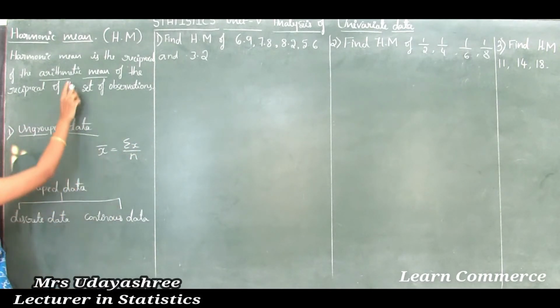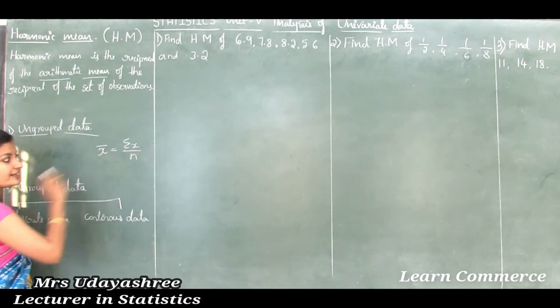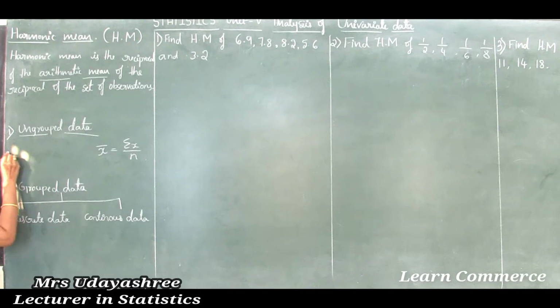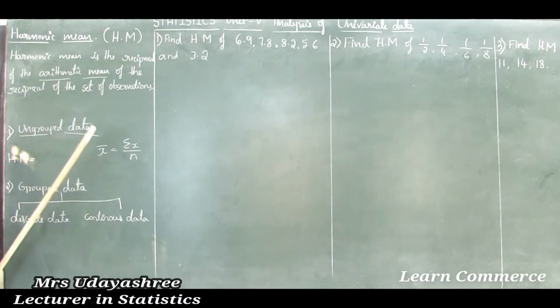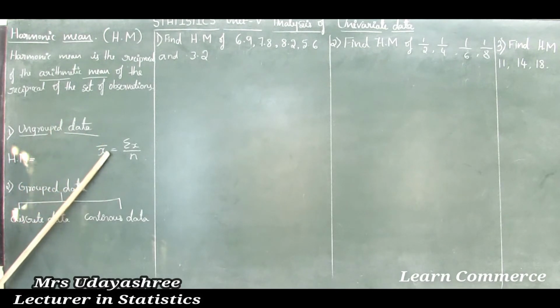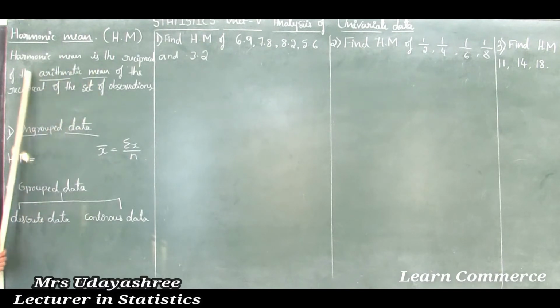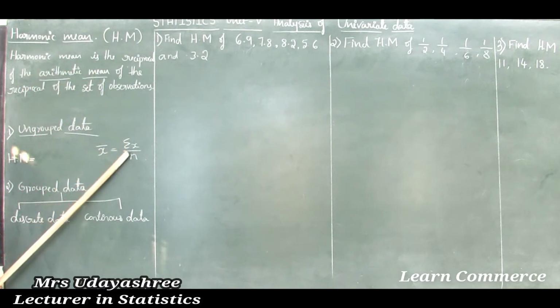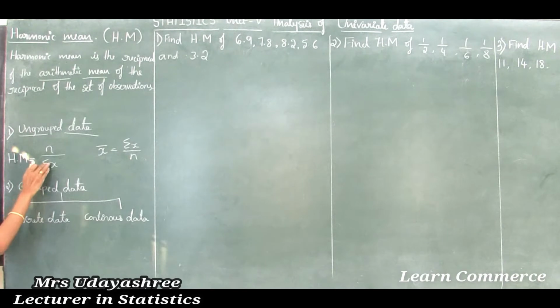And we know that harmonic mean is denoted by HM. So, HM is equal to, what is the definition? Harmonic mean is the reciprocal of the arithmetic mean. In case of ungrouped data, the arithmetic mean formula is x bar is equal to summation x divided by n. So, how to write the reciprocal? That is n divided by summation x, isn't it?